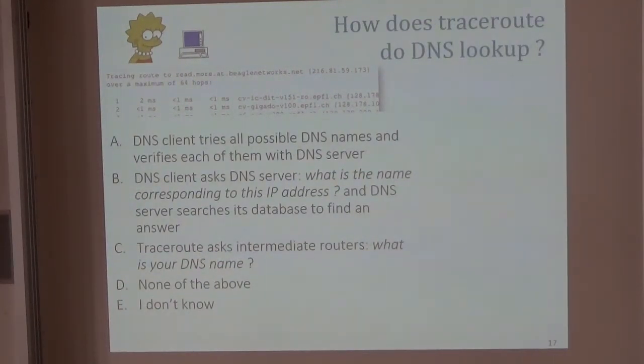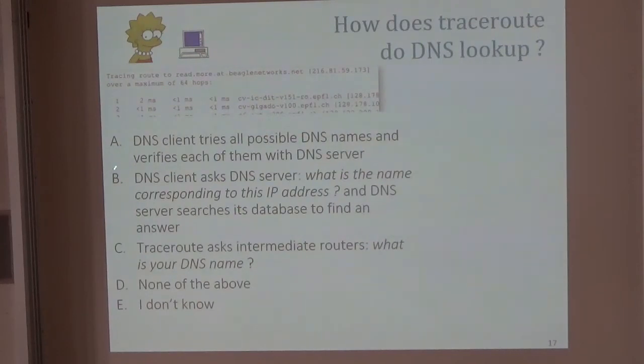Depending on which version you're using, it's ICMP or a UDP packet. Traceroute is UDP, tracert in Windows is ICMP, but essentially you're sending a test packet to the destination with increasing TTL. You start with TTL 1, TTL 2, and you analyze the error message. So all those addresses are obtained by the source of the error message that we have received because the TTL was too small. So we don't really talk to those routers, we simply receive an error message from those.